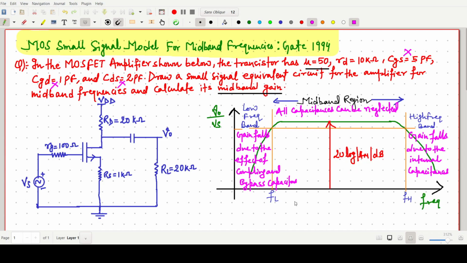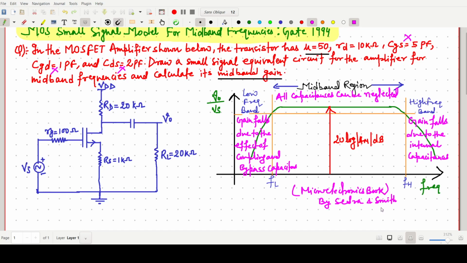I am taking this from the Microelectronics book by Sedra Smith. For more detail, you can go for that book.